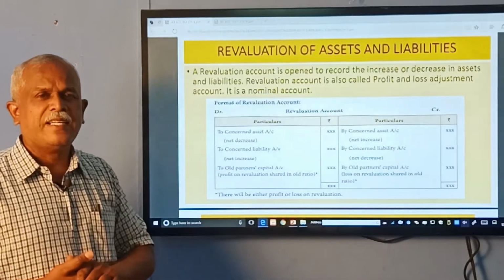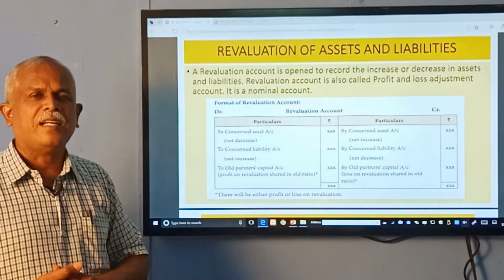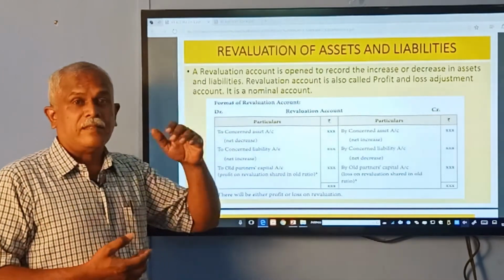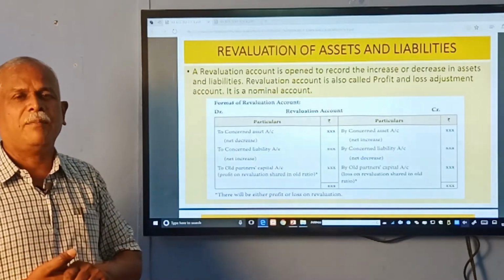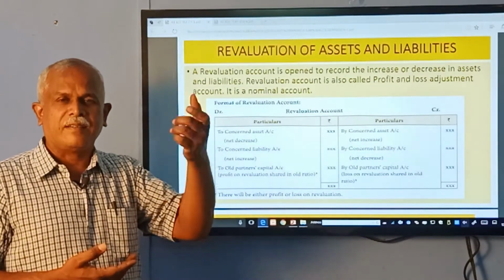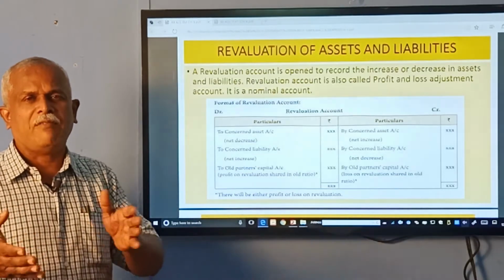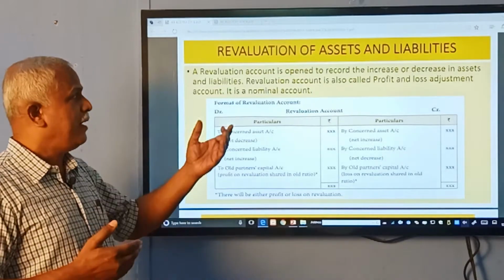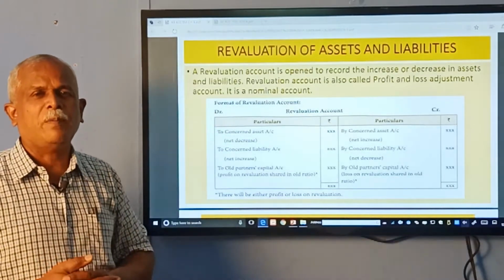Assets and liabilities are recorded at the historical cost, or the cost at which they were purchased, and they were recorded quite a number of years before. Now, at the time of admission of a new partner, the assets and liabilities have to be brought to present value. So, while valuing, the new partner has to agree to it, and the existing partners will present a new balance sheet.